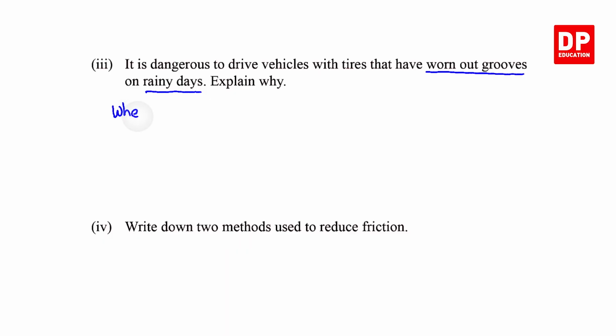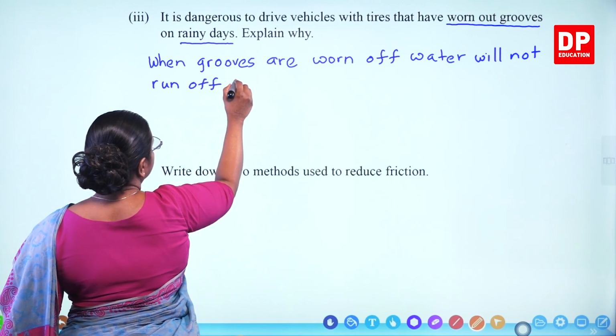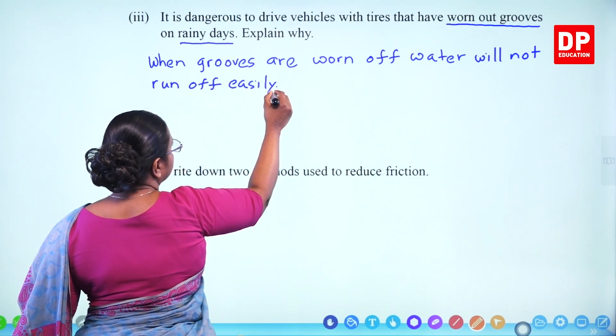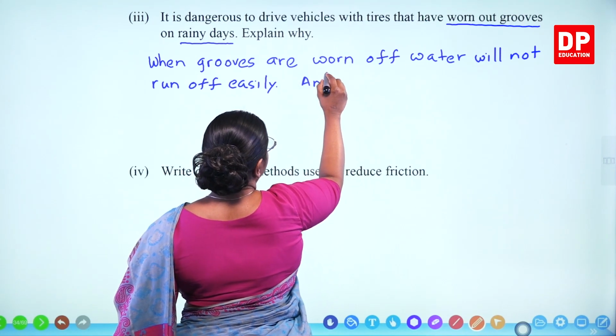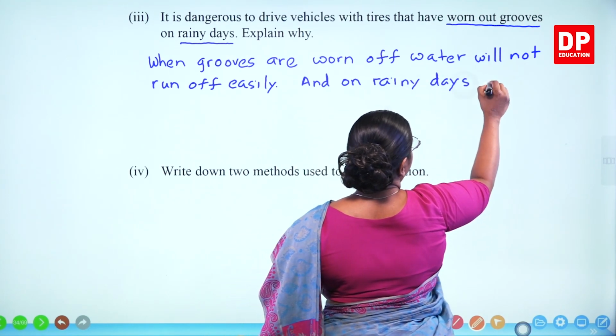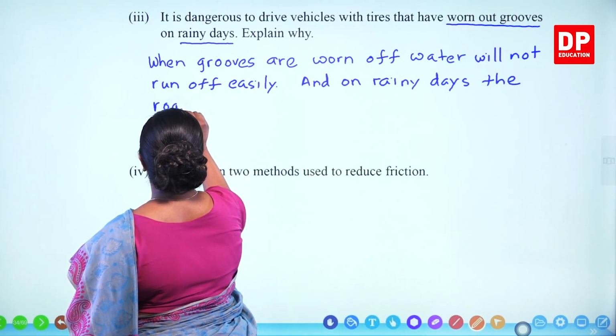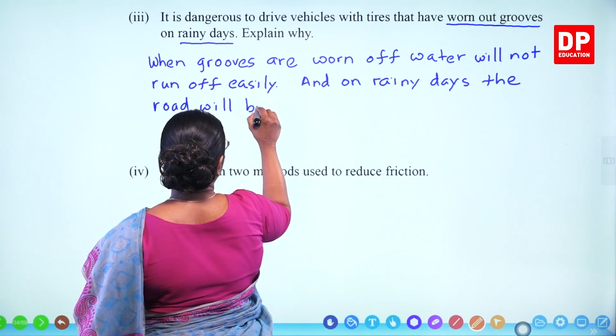When grooves are worn off, water will not run off easily, and on rainy days the road will be wet.